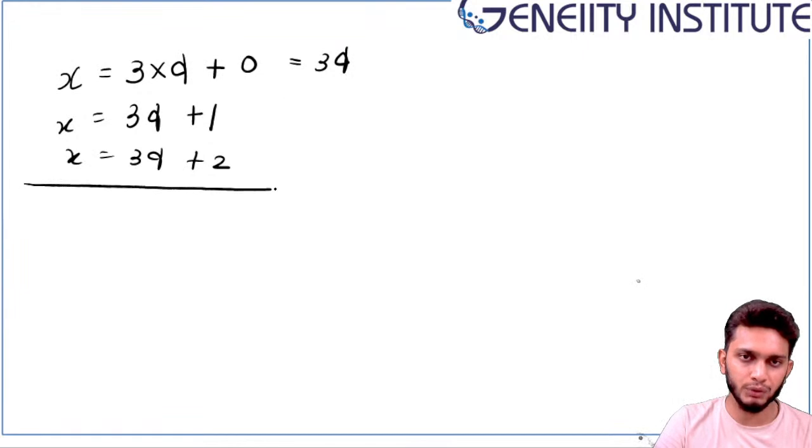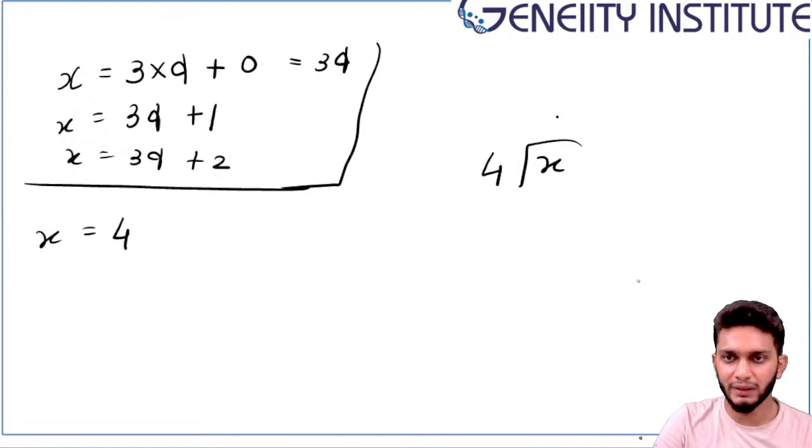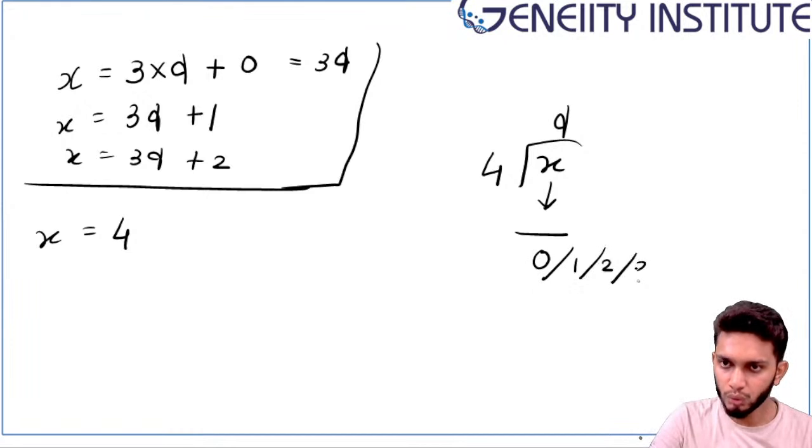Okay, if you divide by 4, say you divide x by 4, you get quotient q. When you divide x by 4 you will get quotient q and remainder 0, 1, 2, 3, starting from 0 and less than 4, so up to 3.